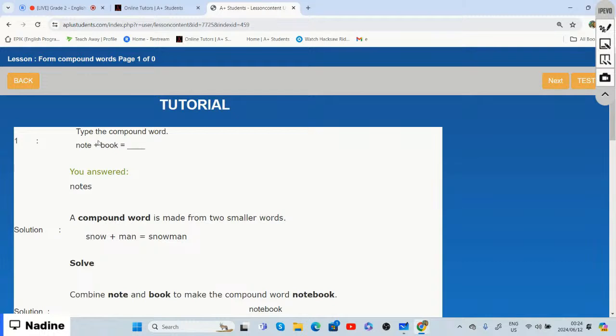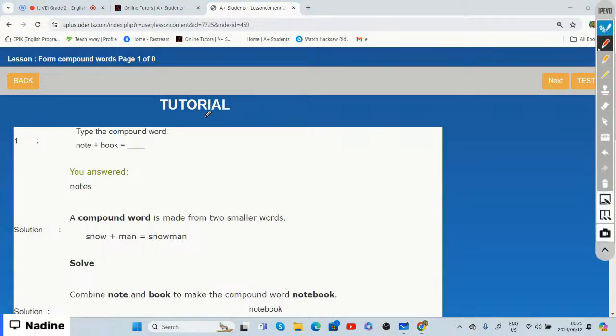What is note plus book? Note plus book. I have notes and I have books. These are two words that can stand on their own. But once I join or add those two words, note plus book is what? What do we call that?